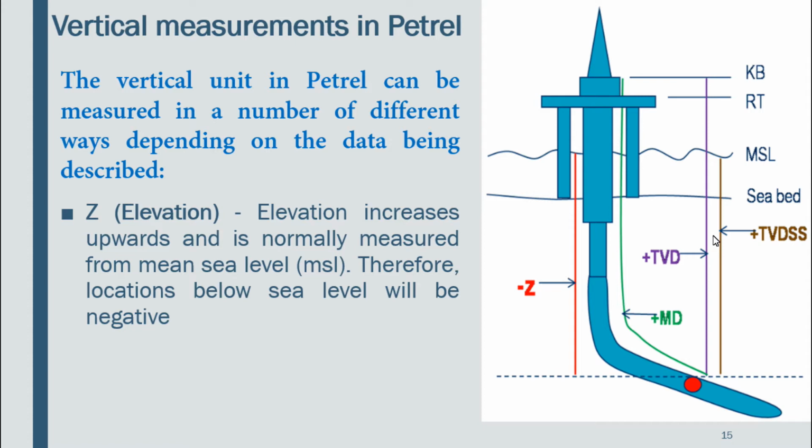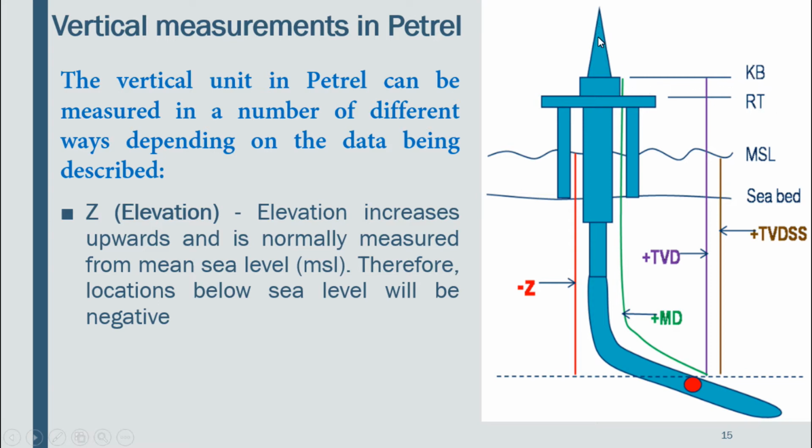The vertical unit in Petrel can be measured in a number of different ways depending on the data being described. For example, in this picture on our right-hand side, you can see KB.